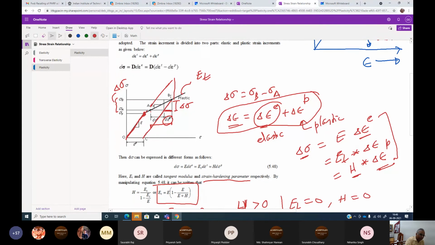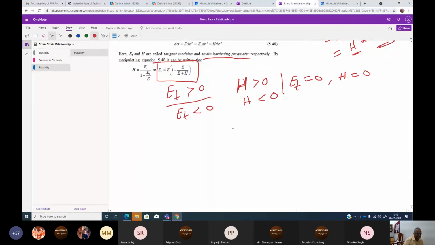So this strain changes the stress, sigma.